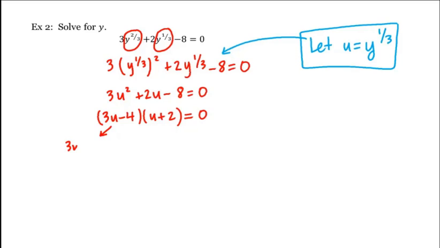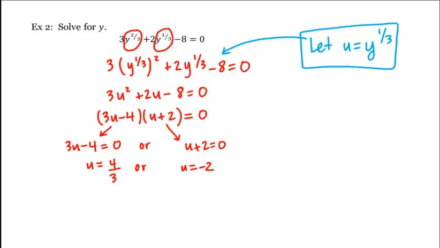So either the first factor is 0, or the second factor is 0. Adding 4 and dividing by 3 will give us u is equal to 4/3. Or subtracting 2, we get u is equal to negative 2.